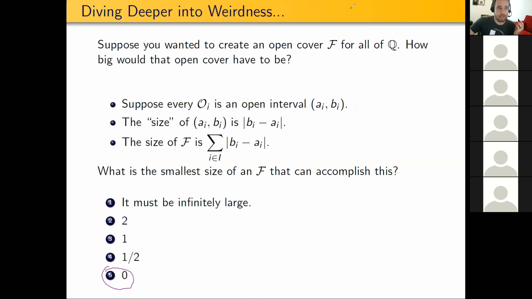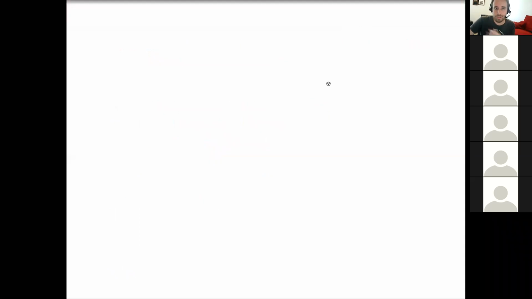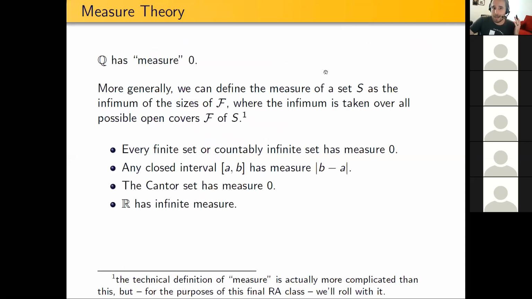So it is another sign of how tiny, how incredibly small the rational numbers are in this incredible sea of real numbers. And this is sort of an entry point to what is called measure theory, which is a class that one could go on to look at after real analysis, right? What we've just shown is that Q has something called measure 0.